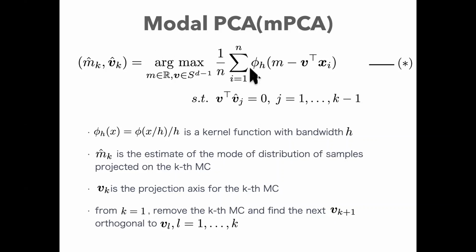But difficulty remains because the vector v is constrained on the unit sphere and must be orthogonal to other projection vectors. Fortunately, by changing the coordinates appropriately, we can reduce the problem to an unconstrained problem, and that reduced problem is solved by using the conjugate gradient method. So please read the paper for the details of the optimization algorithm.